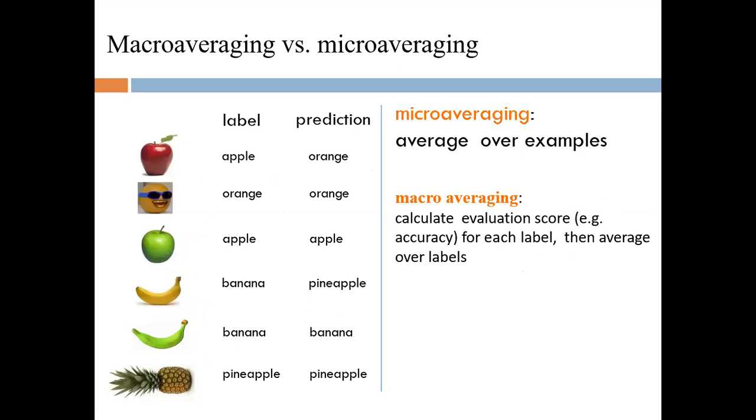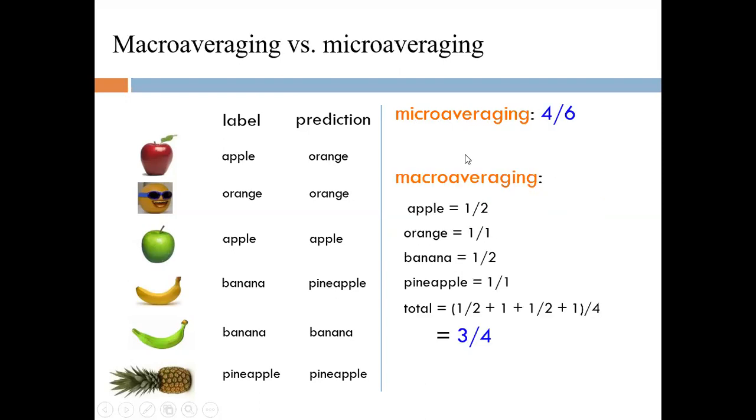Macro averaging is determining the evaluation score for each label and then taking the average over the labels. Whereas micro averaging is the average over the examples or samples.